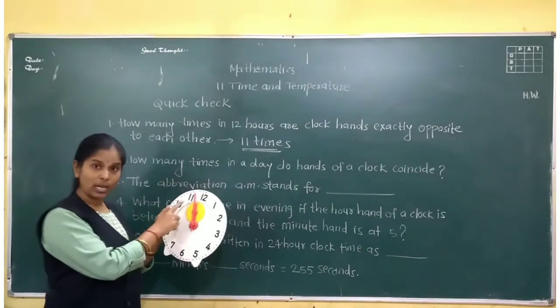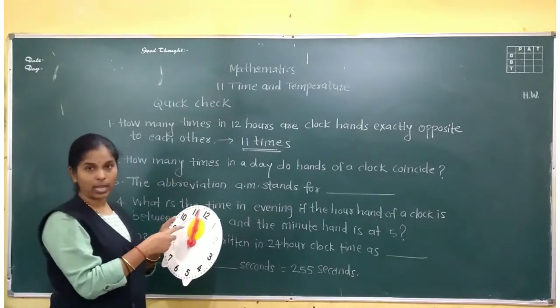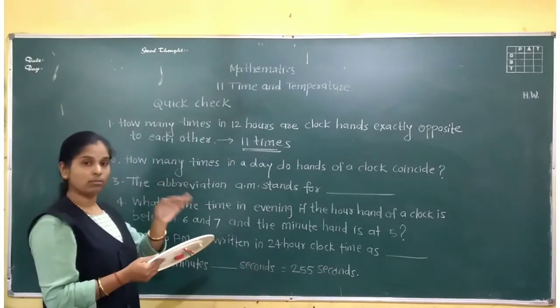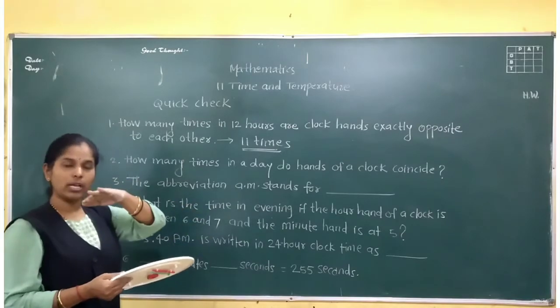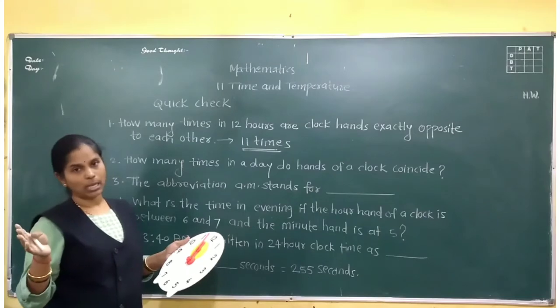In 12 hours, that is one round. In 12 hours it is 11 times, and again from afternoon to midnight 12, it will become 11 times.